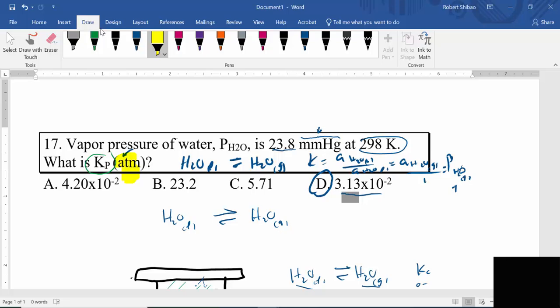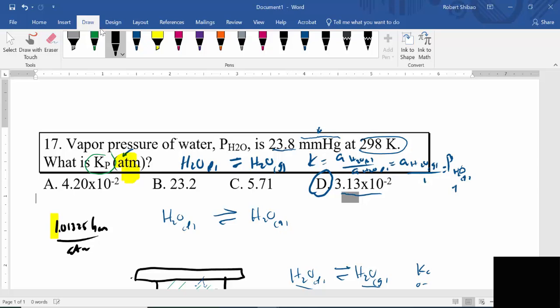If I asked you what is Kp in bar, what would you do? You'd convert from millimeters of mercury to bar. Do you know the conversion? You could do it this way. I know it. I don't know if you know it, but you could always ask. It's 1.01325 bar per atmosphere.